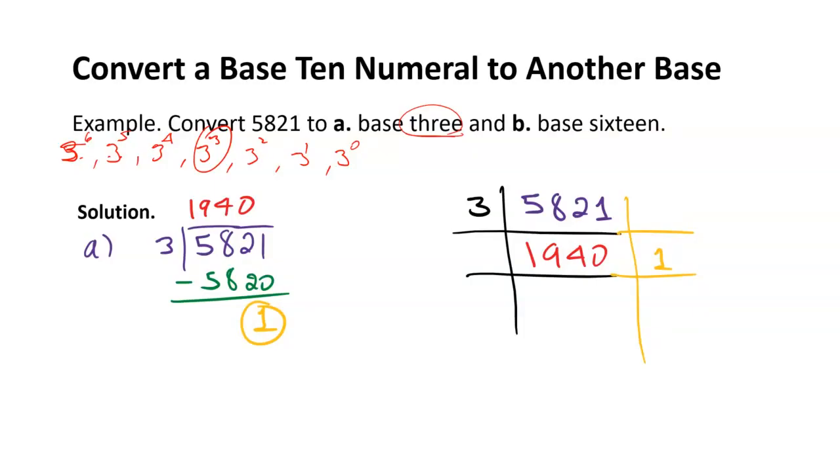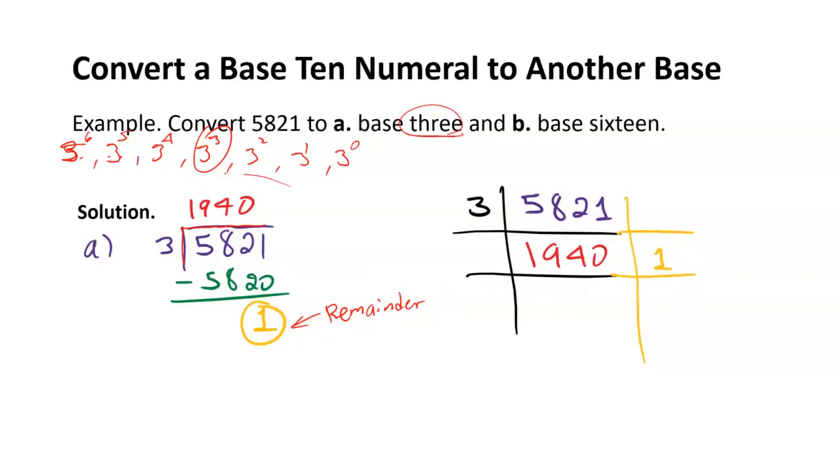That's how you would set it up if you're doing it by hand: you have the division symbol, and then you put the 3 outside. I skip all of the steps in between, but the final answer is 1,940, and the remainder is 1. The remainder is what appears here at the end.